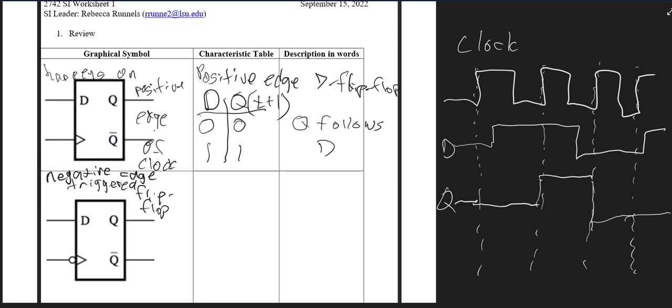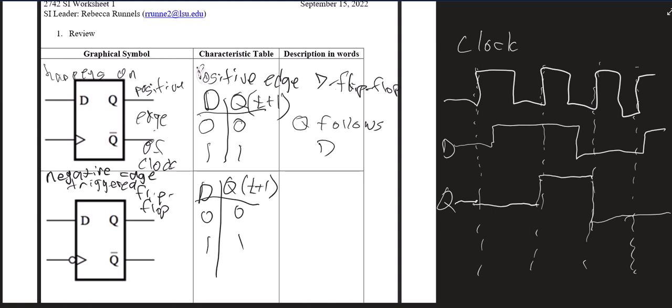And its characteristic table is exactly the same. So it does exactly the same thing that the positive edge triggered D flip-flop does. It just does it on the negative edge of the clock.